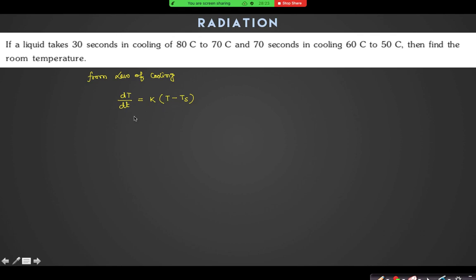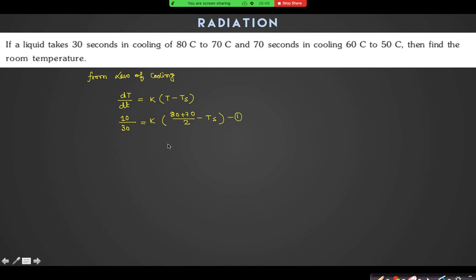So dT by dt, according to the average method, the temperature difference is 80 minus 70, which is 10 degrees, and the time needed is 30 seconds, which is equal to K into the body temperature, 80 plus 70 divided by 2, minus the surrounding temperature.